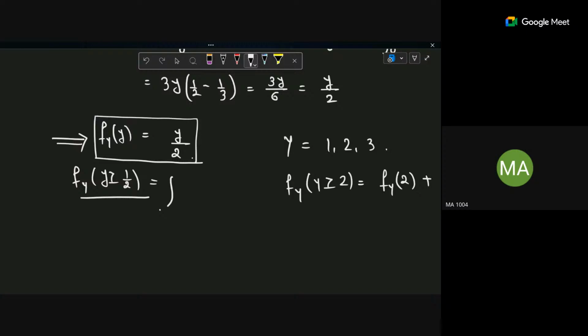Now you have only one variable, that is y, and you want to sum up over all the values of y which are greater or equal to 1 by 2. Oh, right? Means in this case I don't need to take the values of x. Yeah, because now this integration is nothing but the summation only.